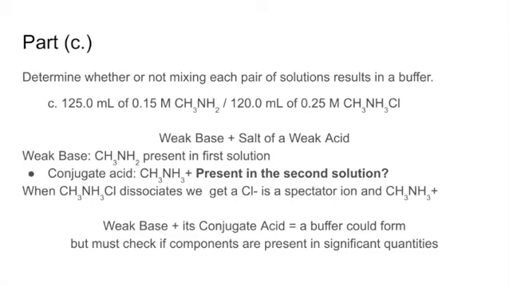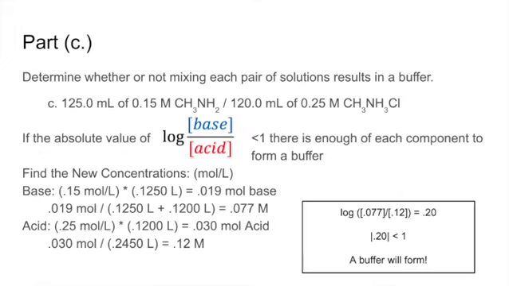However, once again, we must check if the components are present in significant quantities to safely say that the mixture will be a buffer. If the absolute value of the log of the base concentration over the acid concentration is less than 1, there's enough of each component to form a buffer. So we must once again find the new concentrations of the base and the acid in the mixture.